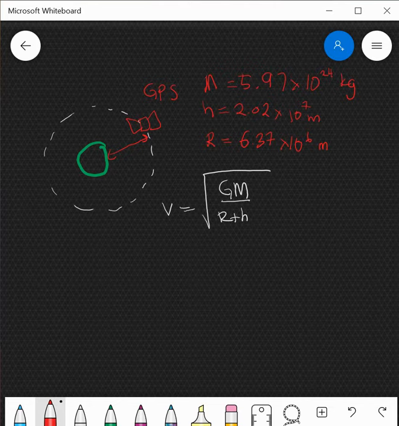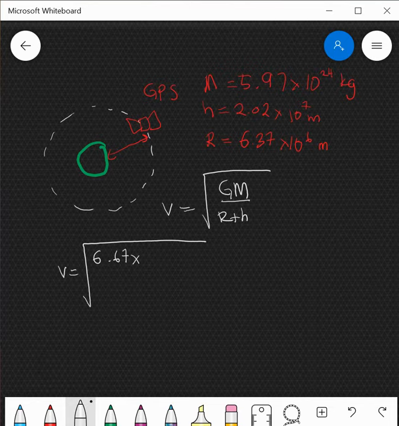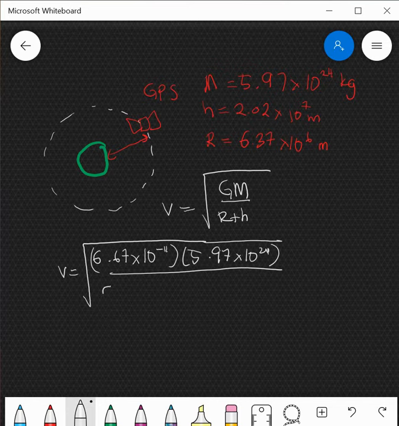Just substitute into the equation. V equals square root of G, which is a constant, the gravitational constant, 6.67 times 10 to the power of negative 11, times the mass of the Earth, 5.97 times 10 to the power of 24, over R, which is 6.37 times 10 to the power of 6 plus the height of the orbit 2.02 times 10 to the power of 7.